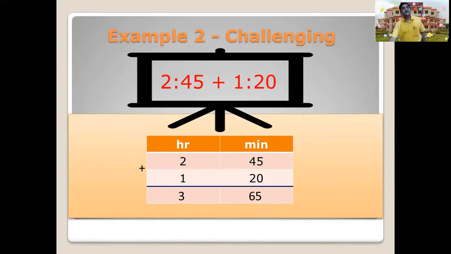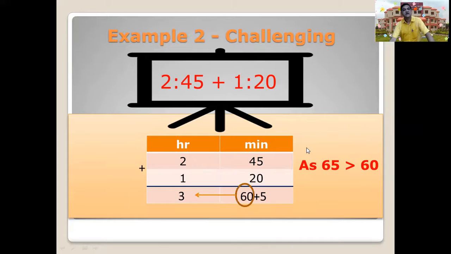Now, see very carefully. The minute section gives us 65 minutes, which is more than 60. So what can we do for this? Naturally, 60 minutes makes an hour. So it's necessary that this 60 minutes from the minute section should be taken out and added as an hour in the hour section. So we split the 65 as 60 plus 5.